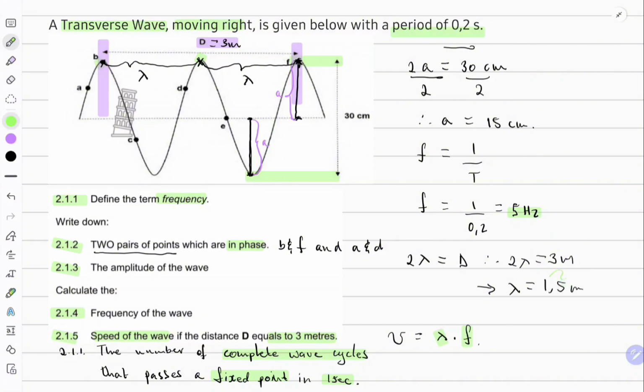So now we have both the frequency and the wavelength, and we can use the wave equation. So lambda is 1.5 multiplied by the frequency, which is 5 hertz. This gives us 7.5 meters per second.